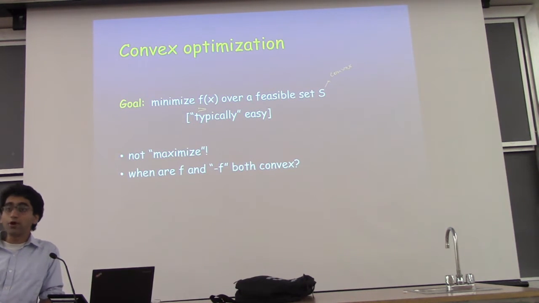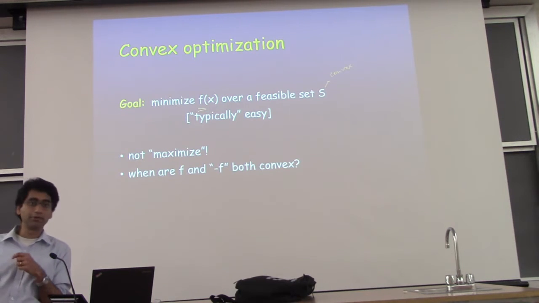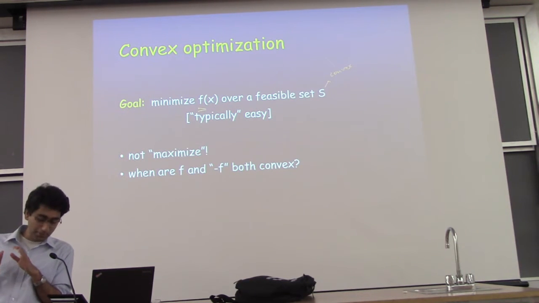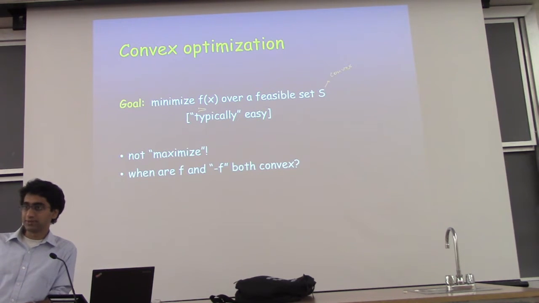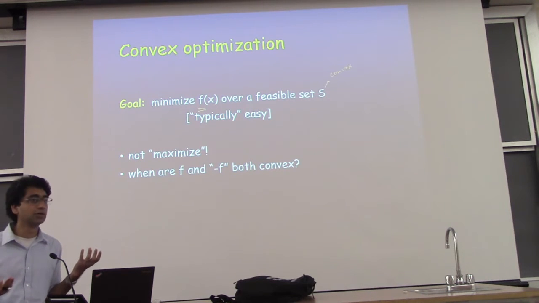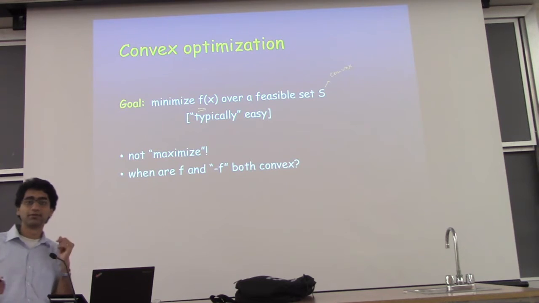Not always, but these are easy in the sense that they can be solved in polynomial time. So this is the general template. I'm not making a formal statement here. These are the sort of problems that are typically easy. We'll give examples of this in a bit, and we'll see a generic algorithm that usually works for these.